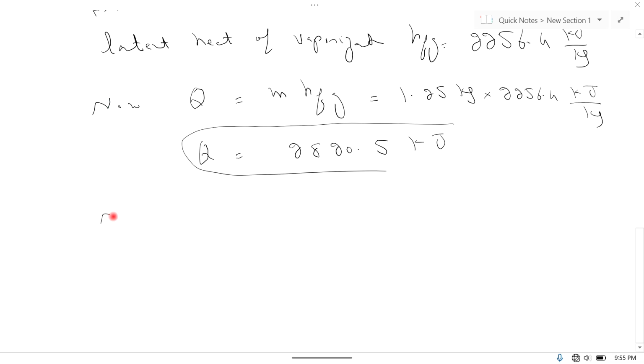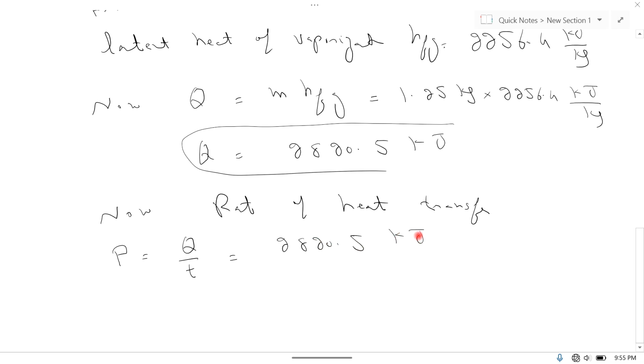Now we find the rate of heat transfer. Power is equal to rate of heat transfer. Rate means per unit time. So Q is 2820.5 kilojoule and time is 1800 seconds.